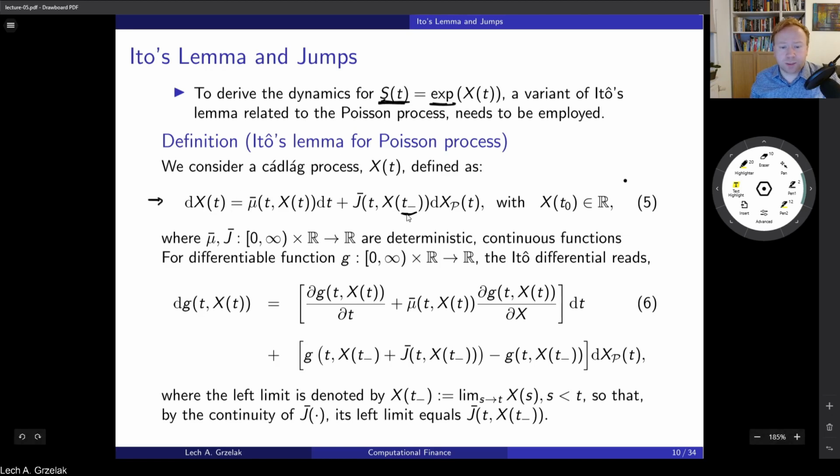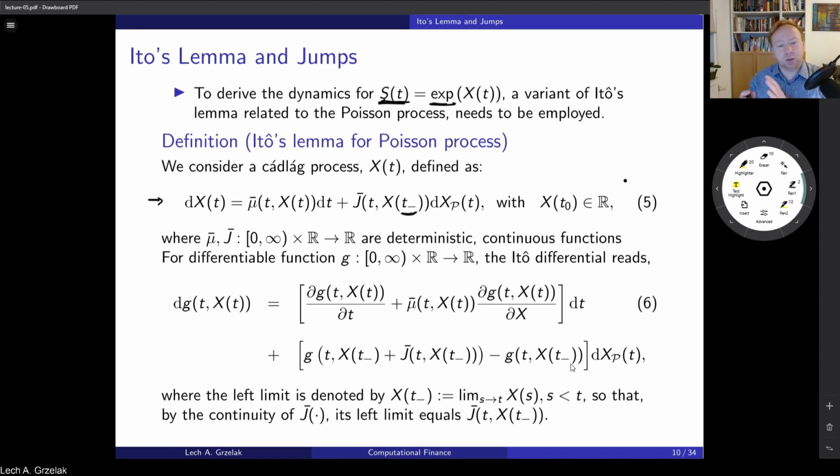If you don't know what this element here is, it means the time just before the jump. It is formally defined in this line here: we have a limit s going to t for process xs when s is smaller than t. So we have a point t, and we are approaching from the left until point t, but it's not there yet.